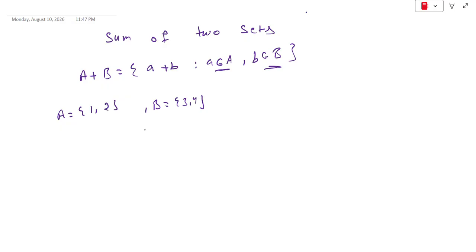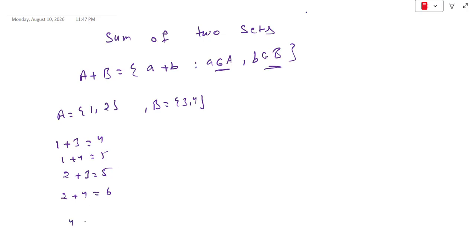By the definition, every element of A is added to every element of B. So 1 plus 3 is equal to 4. 1 plus 4 is 5. 2 plus 3 is 5. 2 plus 4 is 6. Okay.